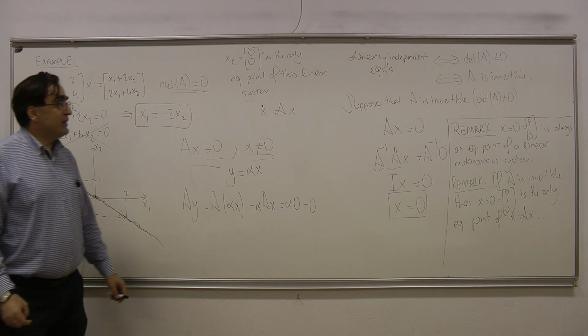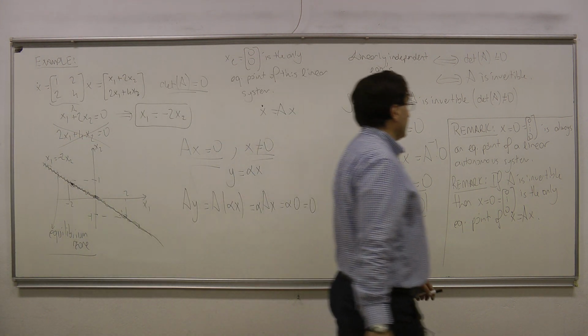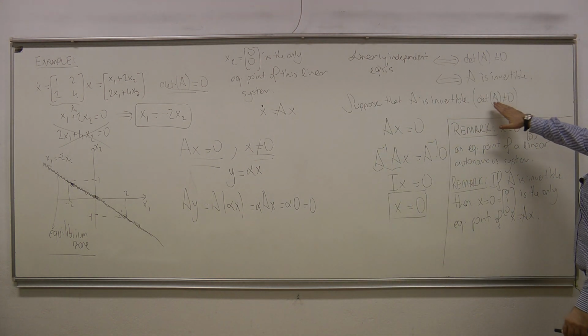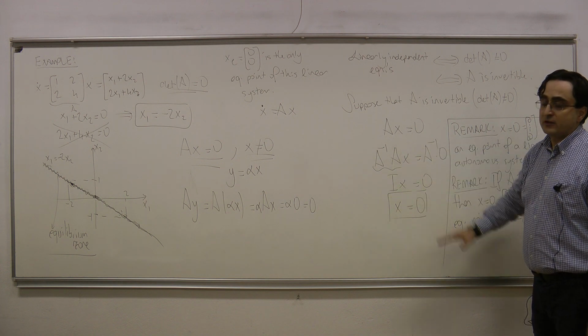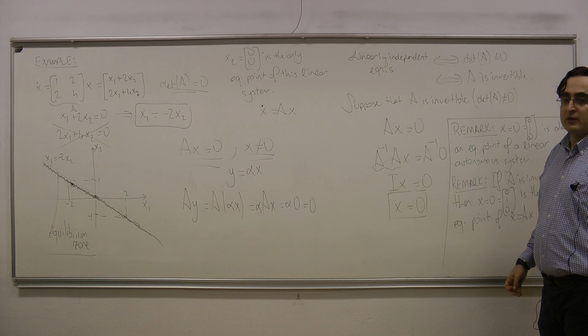So here we have seen two things. If the determinant is non-zero, then the linear system has a single equilibrium point at the origin.